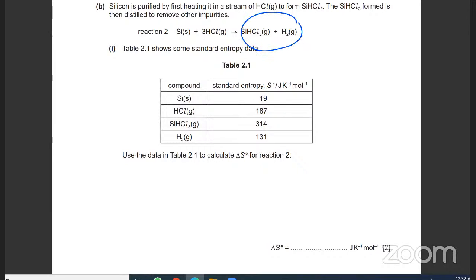So it's the products minus the reactants. So it's SiHCl3, that's 314, plus H2, that's 131. Both of them are 1 mole, and minus, that's products minus reactants. So Si is 19 and HCl is 187 times 3.